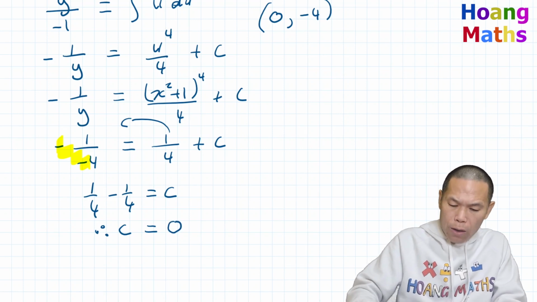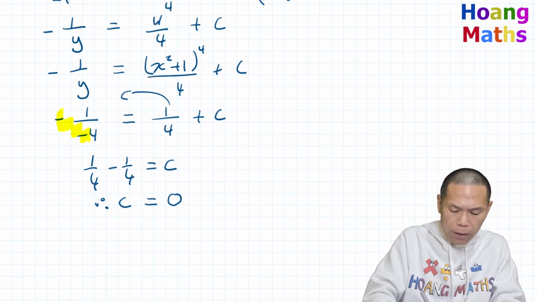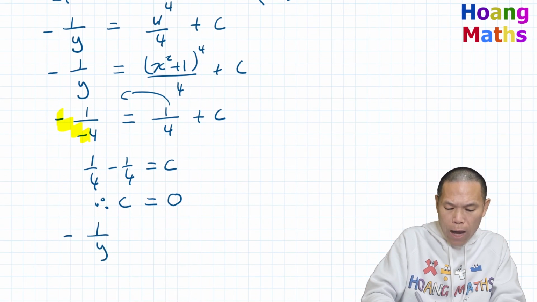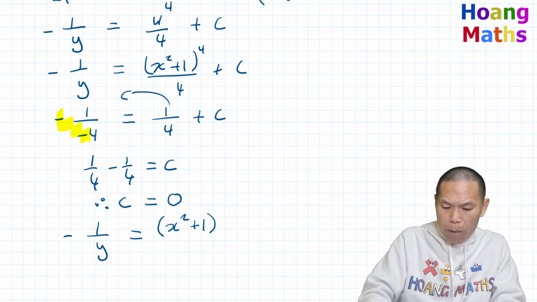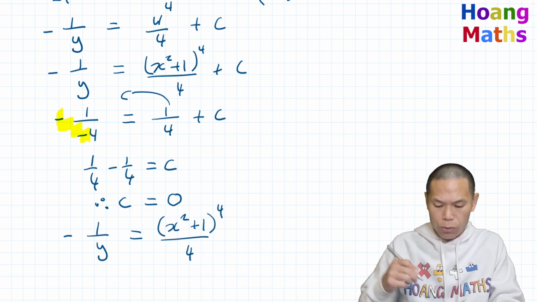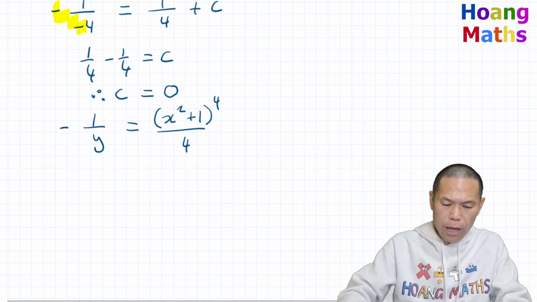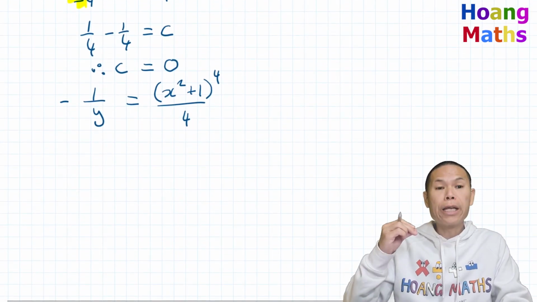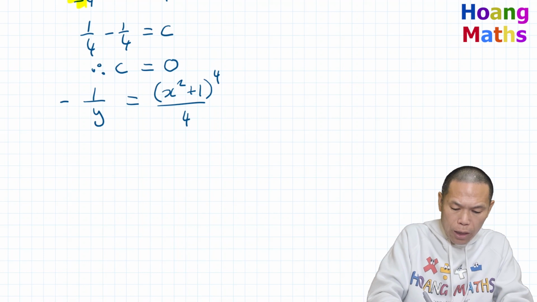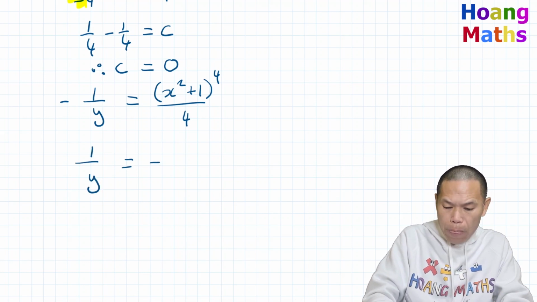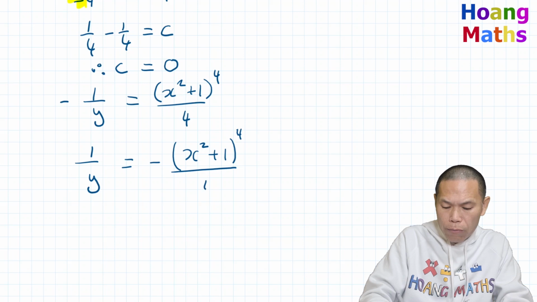So now we have this. Let me copy that down first. Negative 1 over y is (x squared plus 1) power 4 over 4 plus c, because c is 0. So now we just multiply by negative on both sides first. That becomes 1 over y is negative (x squared plus 1) power 4 over 4.